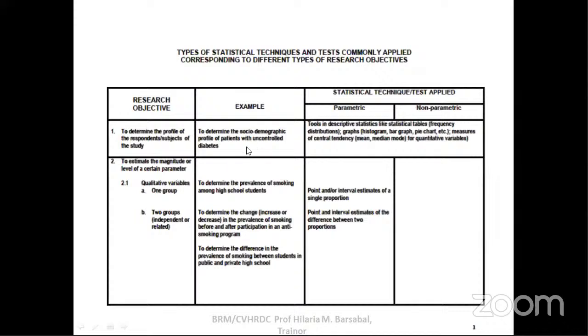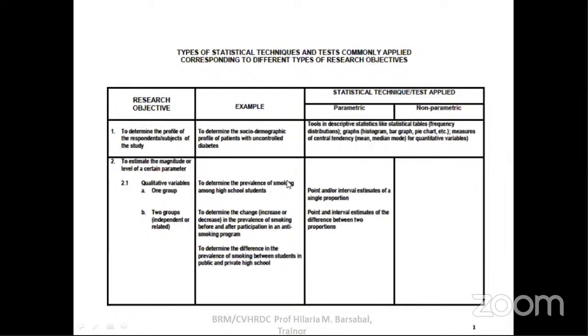For example, if that is your research hypothesis, now your test statistics tools definitely will just be descriptive, no? So tools in descriptive statistics like frequency count, tables are to be used, no?